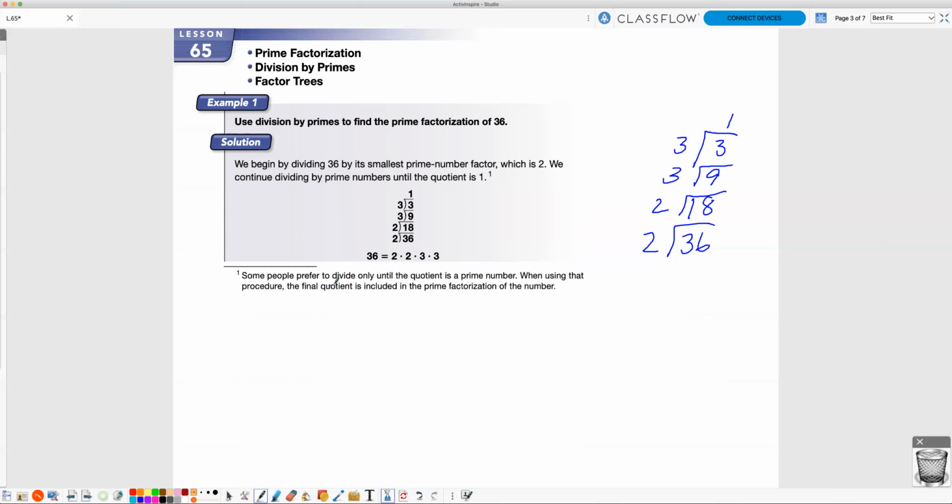Some people prefer to divide only until the quotient is a prime number, so they would have stopped right here. I like to go until 1 is at the top. Now I know I've got my list. This is the list of prime numbers. 2 times 2 times 3 times 3 equals 36. So you've got two 2's and two 3's.